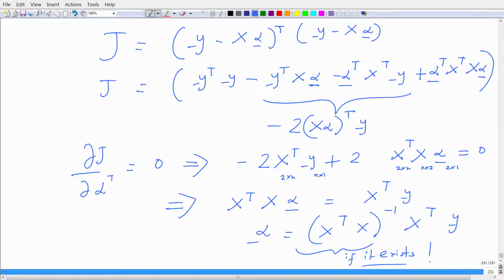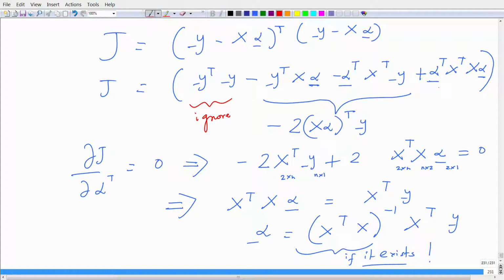Now, we have to look at all the terms where alpha appears, and if you are careful, we ignore this y transpose y. The middle two terms can be simplified as minus 2 times X times alpha transposed times y, and the last term is a quadratic in alpha.